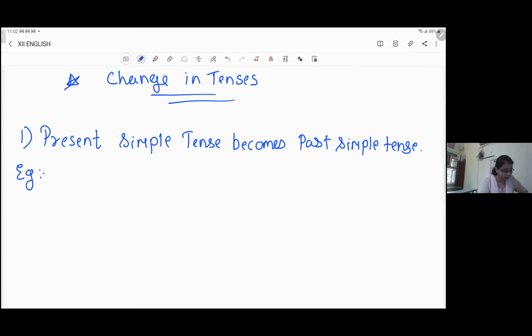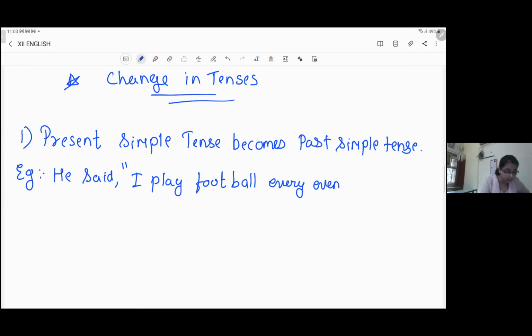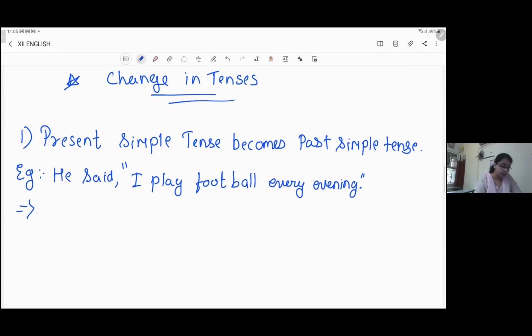He said, comma, inverted commas open, I play football every evening. Inverted comma closed. Now convert this sentence. Write down. He said, what will come?